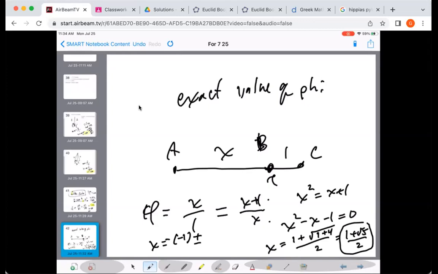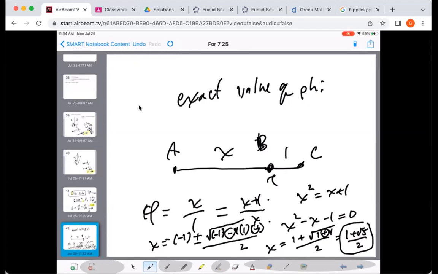The square root of b squared, which is minus 1 squared, minus 4 times a times c, which is minus 1. That's why this becomes a plus, because there was a minus here and here, over 2. So that's called the golden ratio. And in Euclid's Elements, they actually teach you how to construct it.